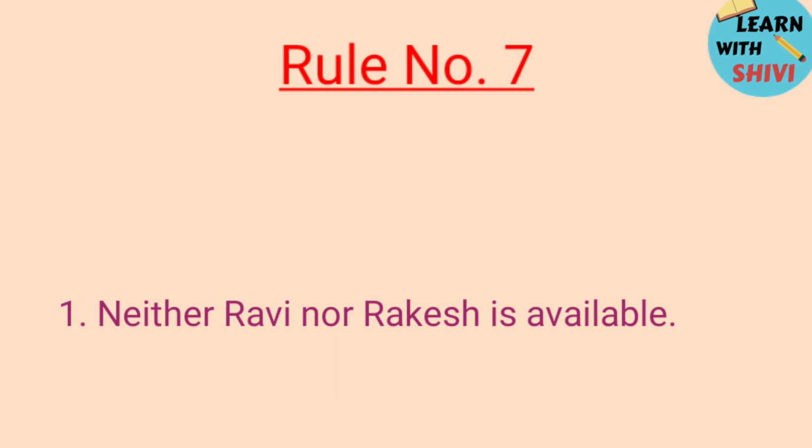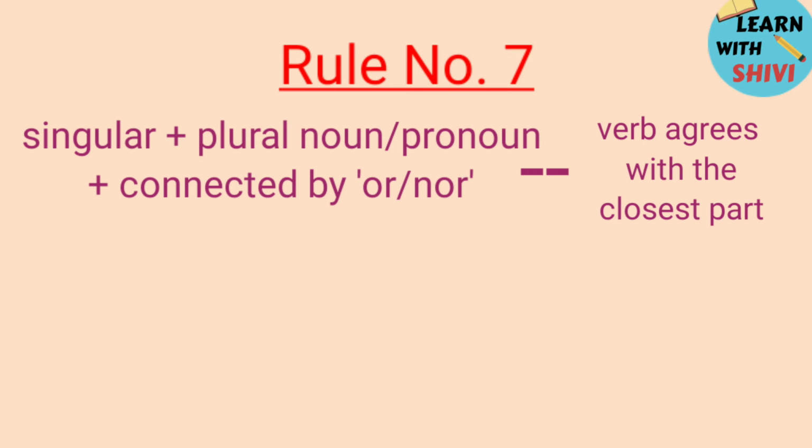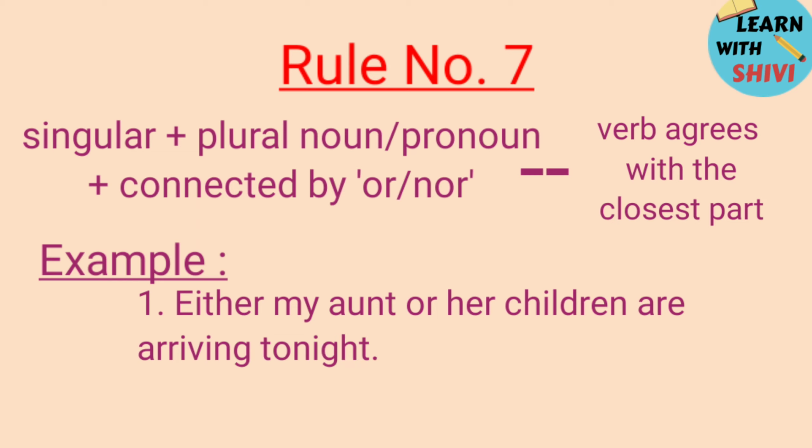However, when the subject has both a singular and a plural noun or pronoun connected by or, nor, the verb should agree with the part of the subject that is closest to it. For example, either my aunt or her children are arriving tonight. Here, the subject has a singular noun and then a plural noun.